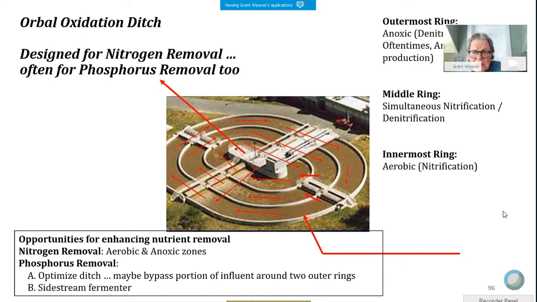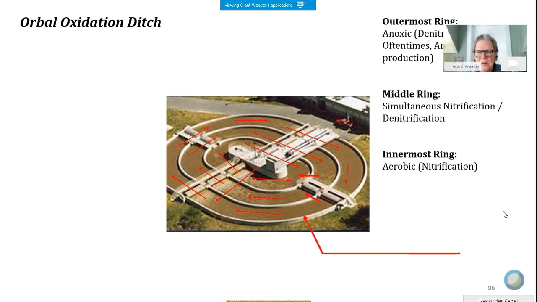All right. So, I mean, how much do you pump? That's the question. How much do I pump here? Okay. There's two determining things. If you pump too much, this outer ring starts to get too high a dissolved oxygen.